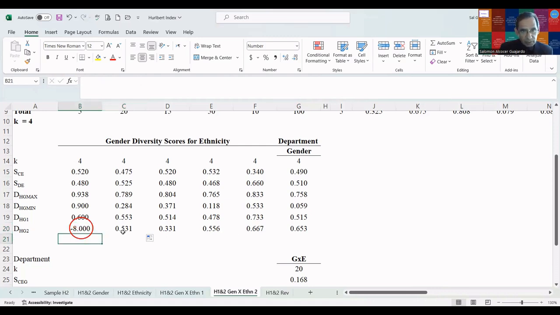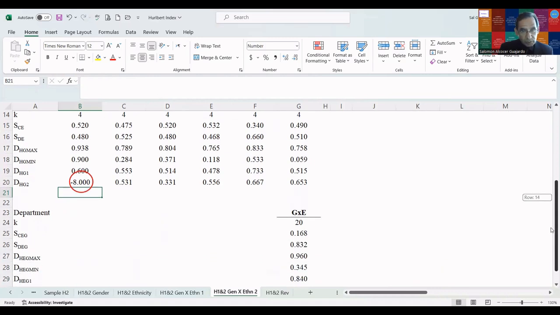And I get valid values for the other ethnic groups and gender.